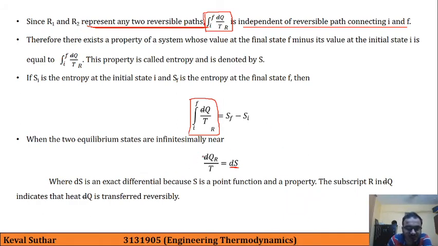Here, if you see carefully, on the heat part we were using inexact differential d cut qr, and here ds is an exact differential, because the heat differential is inexact and the differential of entropy is exact, because S is a point function and property, and subscript R in d cut q indicates that the heat d cut q is transferred reversibly.